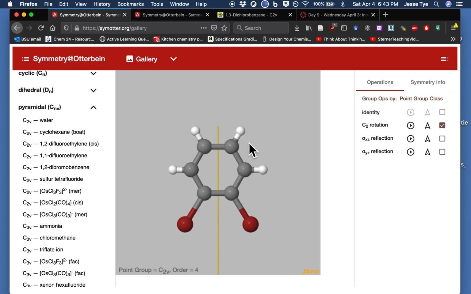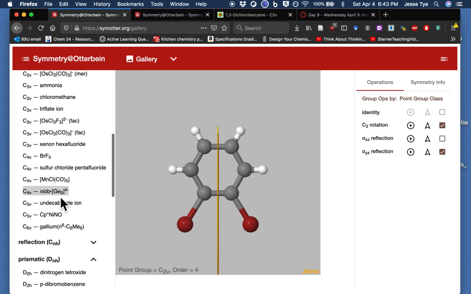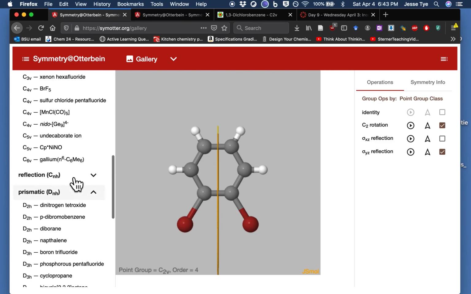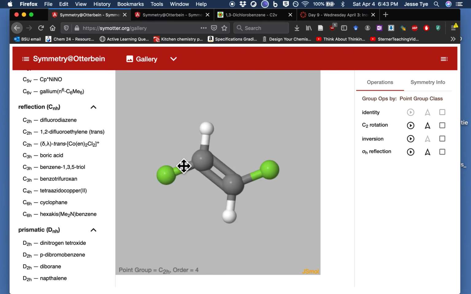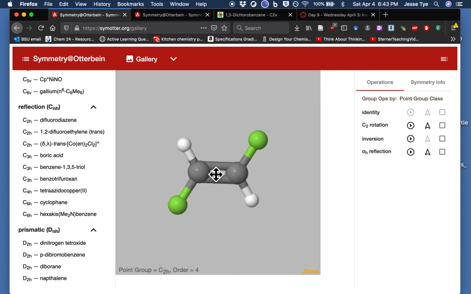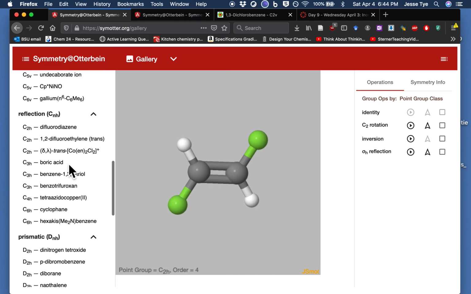Whatever change I would make would need to respect all the symmetry elements that this molecule has. And so if I made these chlorines or fluorines, I would need to make both of them so that I could still have that mirror plane that was there. So that's probably the easiest way to think about those sorts of things, is to go in and look at a molecule that has that symmetry, and then think about what changes you could do to that molecule.